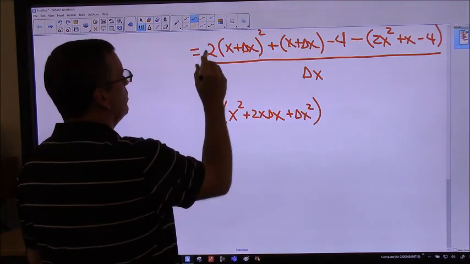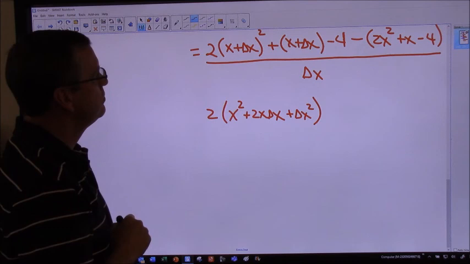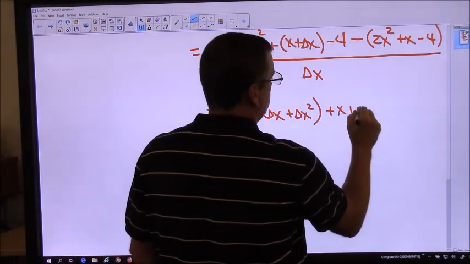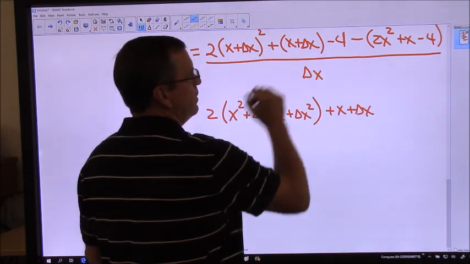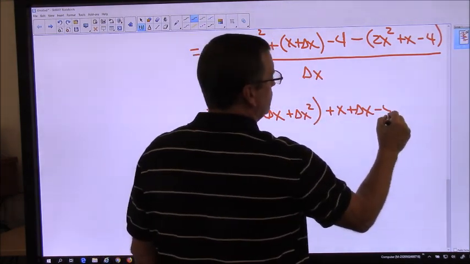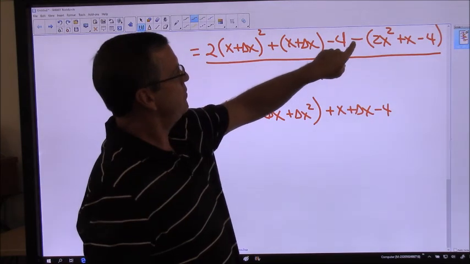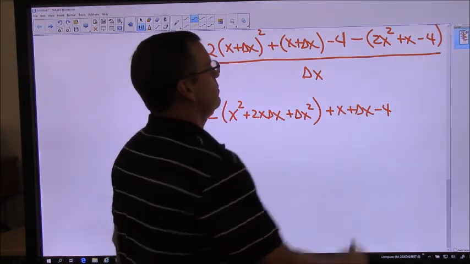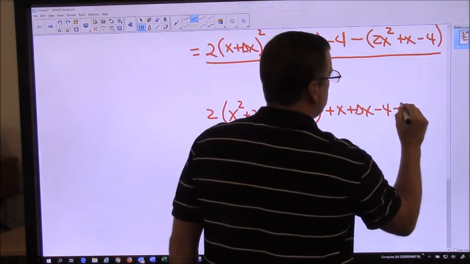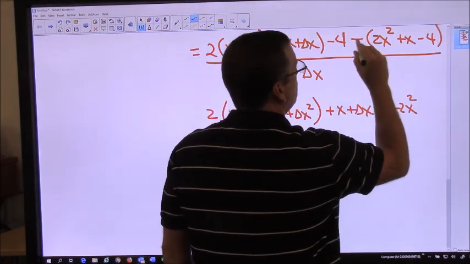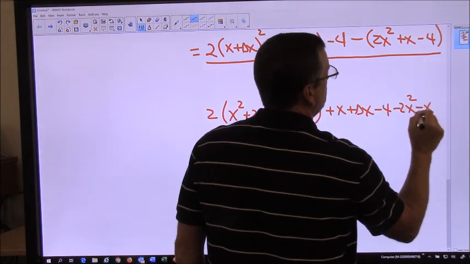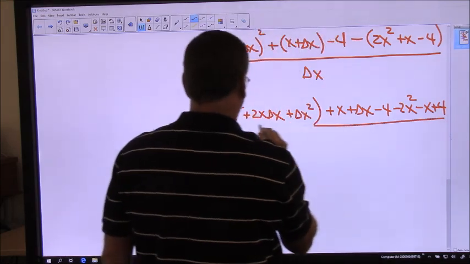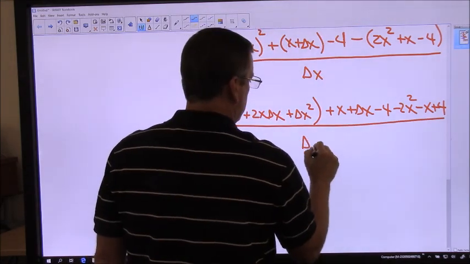And I still have to multiply everything by 2. Plus x plus delta x, we're not multiplying by anything, minus 4. Here this negative sign has to be distributed to all 3 of these terms. So a negative 2x squared minus x plus 4. Divide all that by delta x.